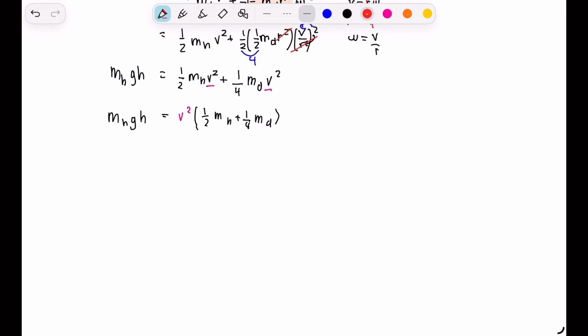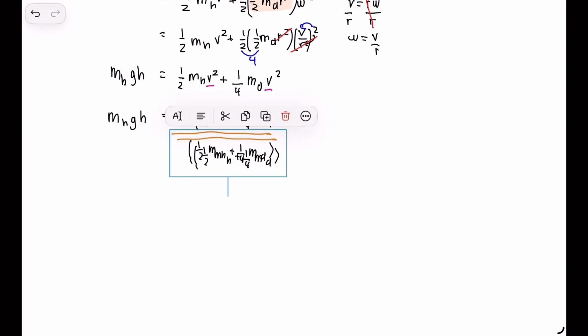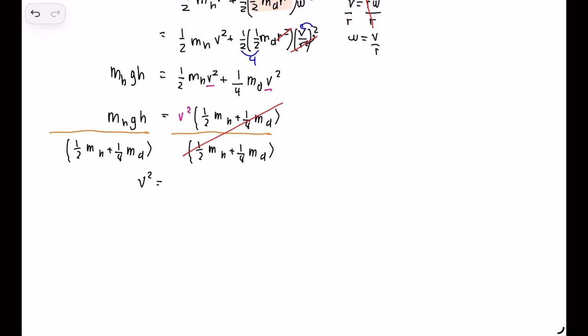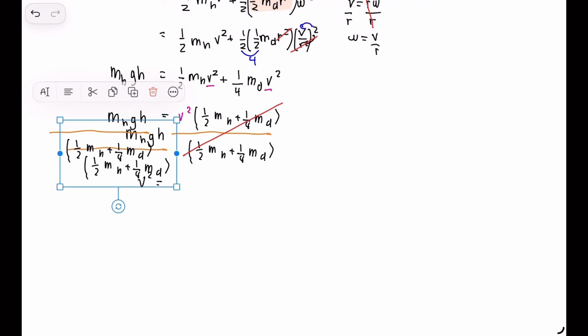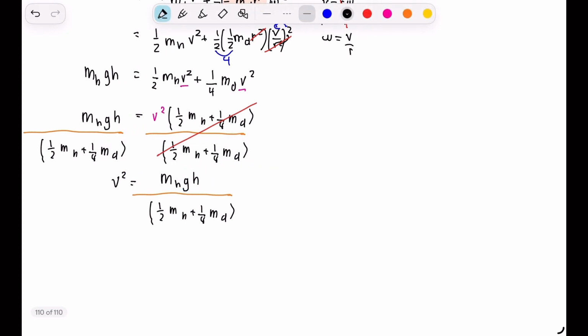If we solve for our velocity squared, we divide both sides by this expression. So we get velocity squared is equal to this expression. However, we know we have a kinematics equation that says that V squared is equal to 2 times acceleration times height.